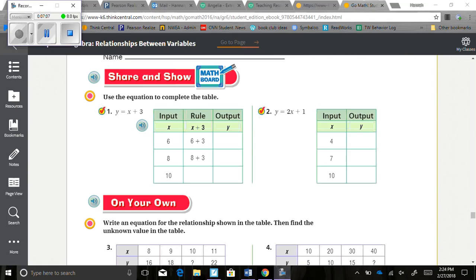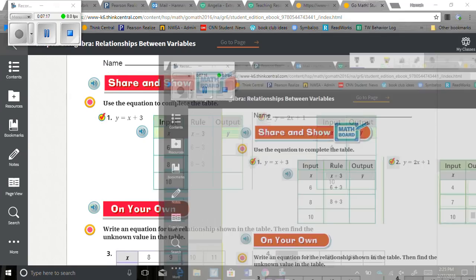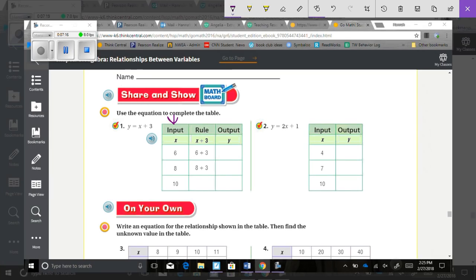Okay, looking at the next example. Use the equation to complete the table. y equals x plus 3. We're just plugging in these x values here, the input, to figure out what the output would be. So y equals x plus 3. Here they had 6 as the x, so they did 6 plus 3, which is 9.